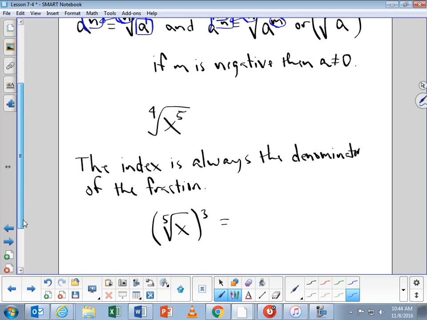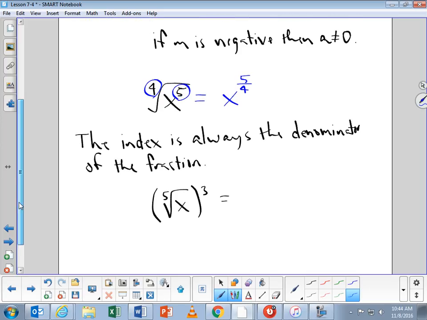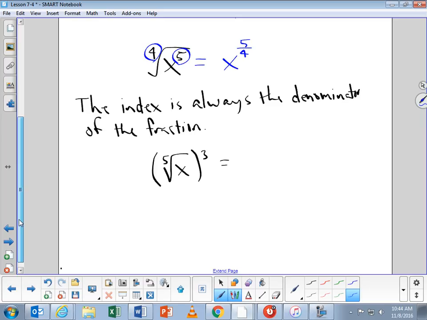And so if we rewrite this one right here, this becomes x to the what? 5 over 4. Remember, the root becomes the denominator. The power becomes the numerator. The index, the root, is always the denominator of the fraction.